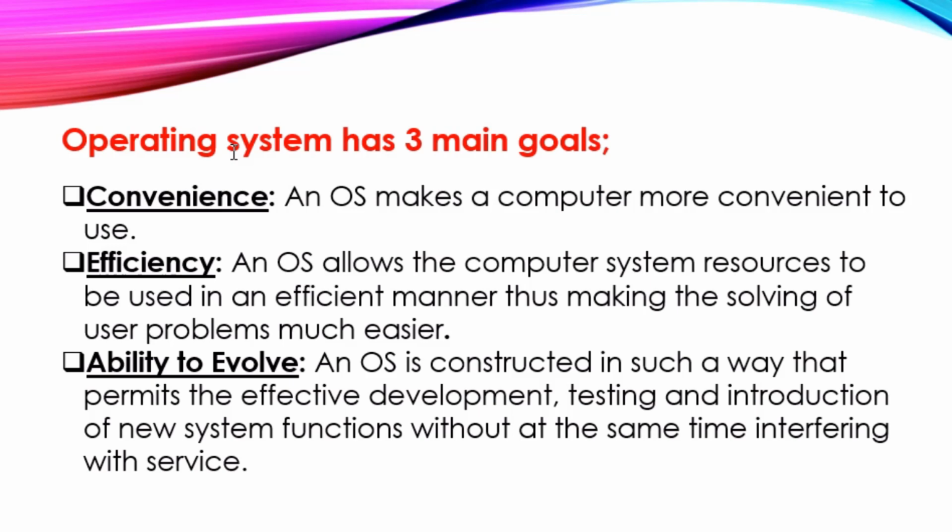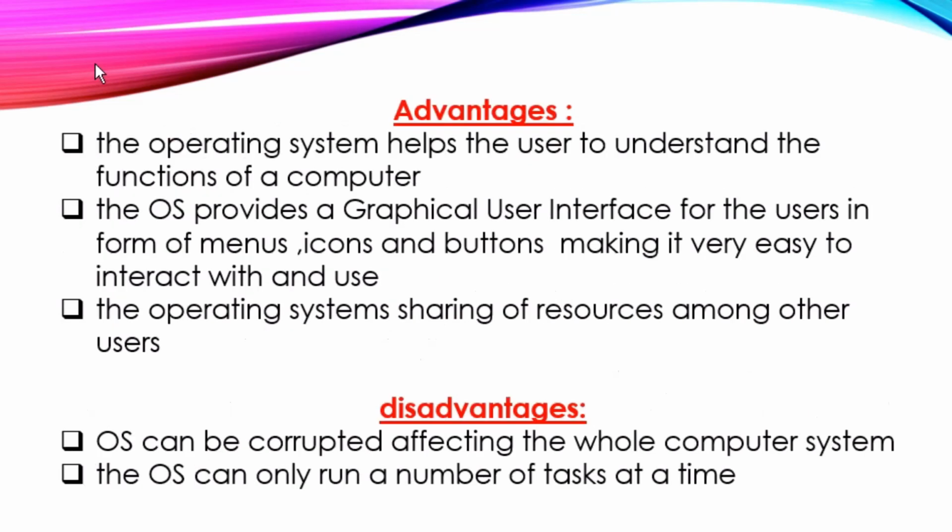We've mentioned some resources before, such as the CPU, the memory, and the input-output devices. Finally, the operating system is built in a manner that it permits effective development, testing, and introduction of new system functions without interfering with its current services. Those are some of the goals that the operating system is trying to achieve.